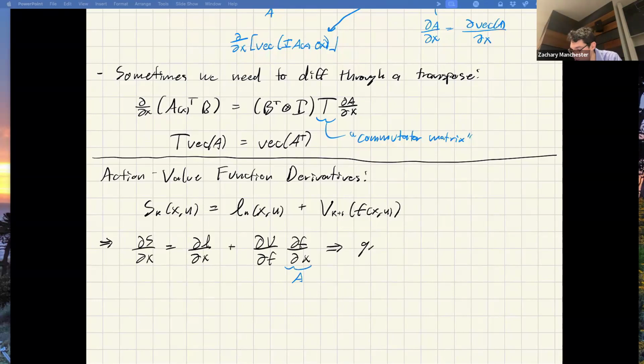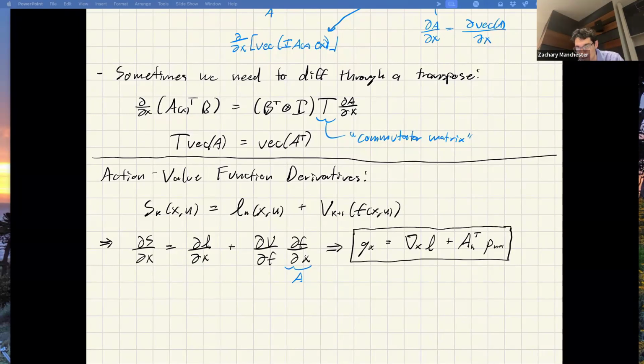This is little g sub x, which is the gradient with respect to x of the one-step cost plus A sub k transpose little p sub k plus 1. Everybody good with that? I'm just writing it using the column vector notation. I want to put the time steps on there, so this is L_k.